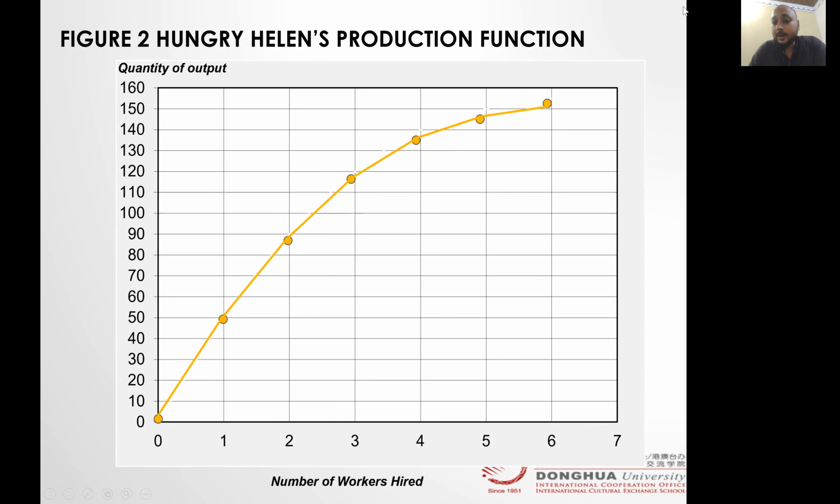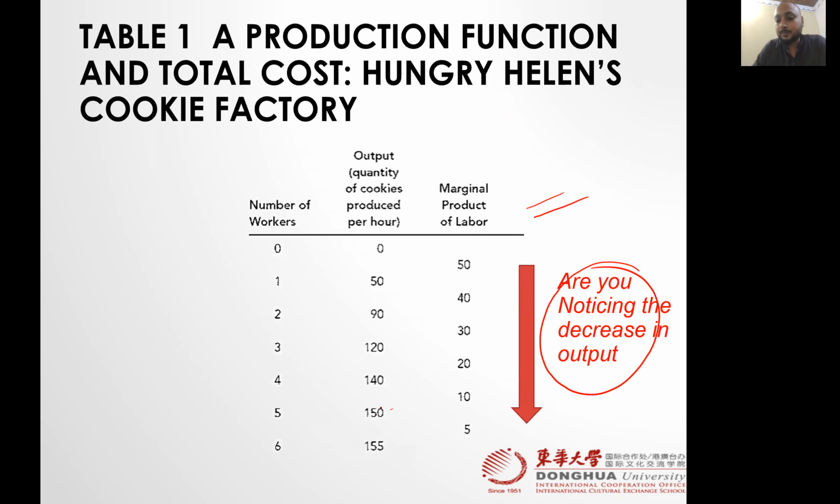Here, if you add one more worker from 5 to 6, your production goes from 150 to 155. And if you employ a 7th worker, he will only produce, for example here, only 2 units.